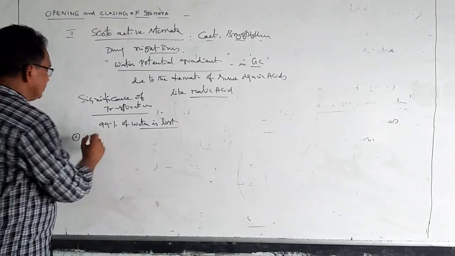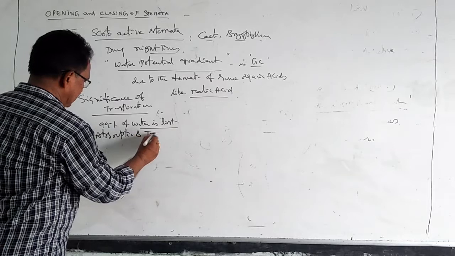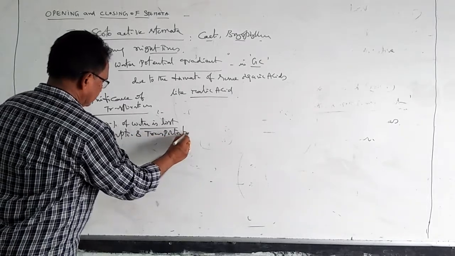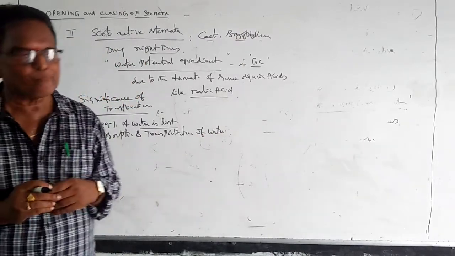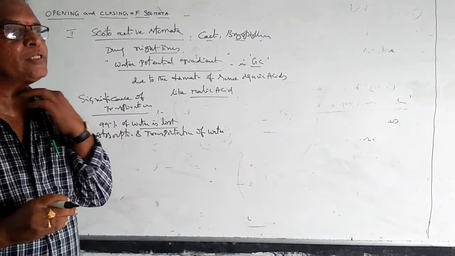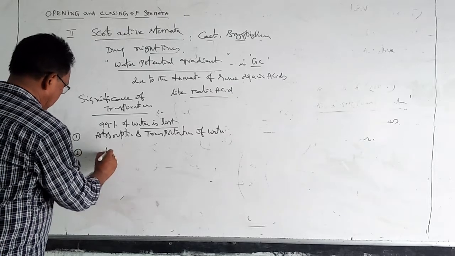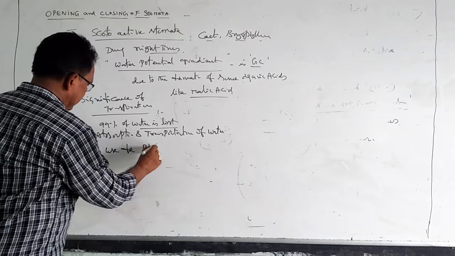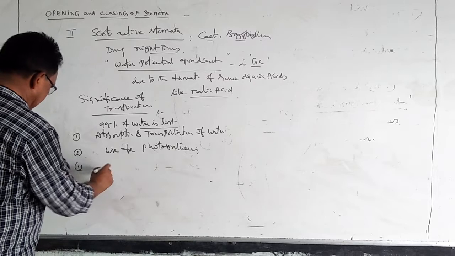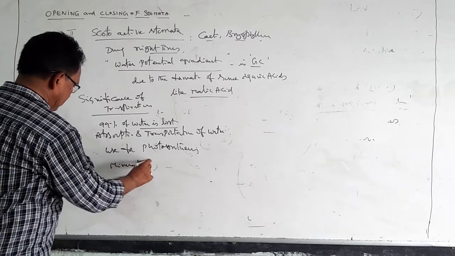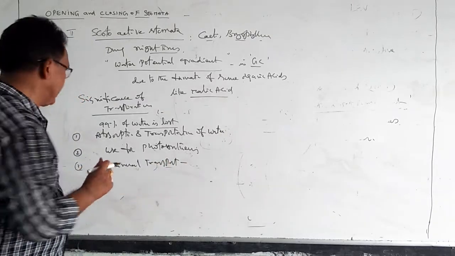The first one is absorption and transportation of water, which is possible by this process called transpiration. The second one is that it is also useful for photosynthesis. It is also useful for the transport of minerals to various organs of the plant body.